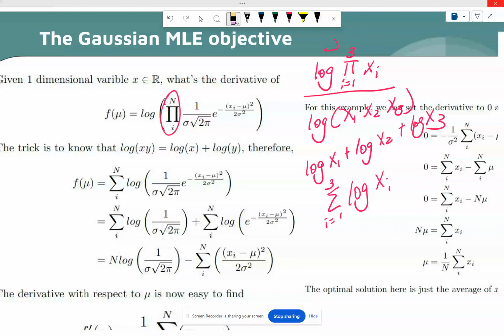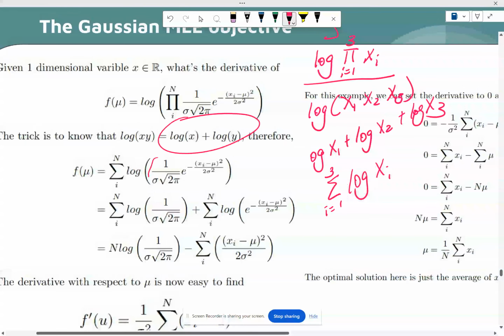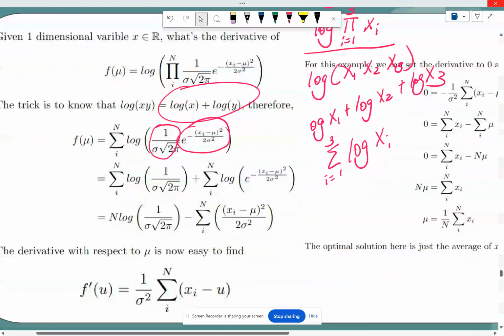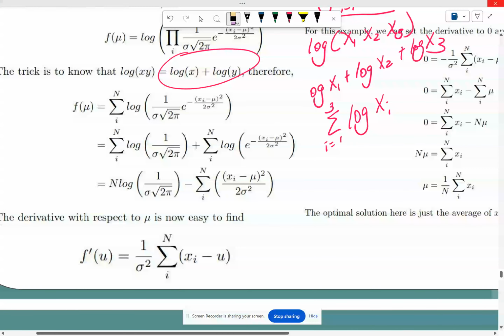Okay. So based on what we just talked about, I can move this outside and turn it into a sum. And I can move this inside. So the log is inside and the summation is outside. Okay. Now, based on this property again, I can split this and I can split this. So after I split this, it's log of this plus the log of this. Now, this right here, when we take derivative later, it doesn't really matter.